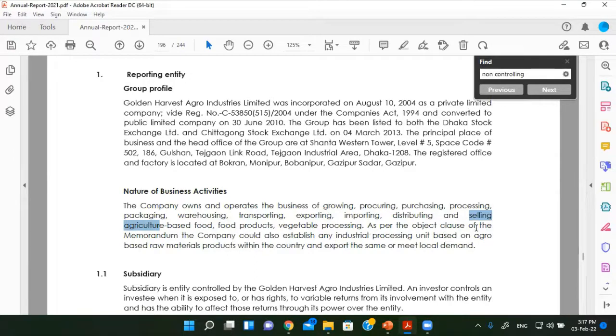As per the objectives of the memorandum of the company, it could also establish any industrial processing unit based on agro-based raw material products within the country and export the same or meet local demand. And the memorandum of the company is permitting them to engage in any industrial processing which is obviously based on agro-based raw materials.